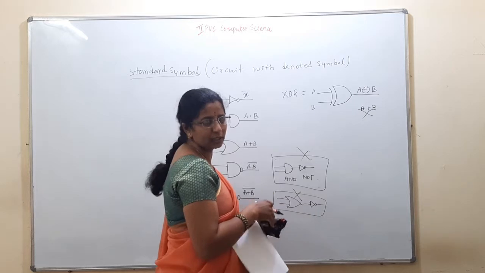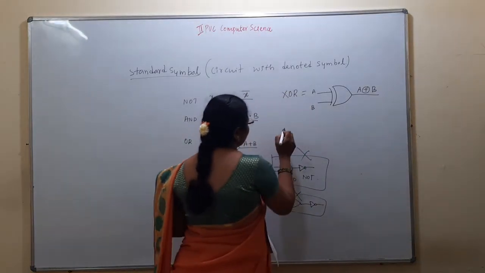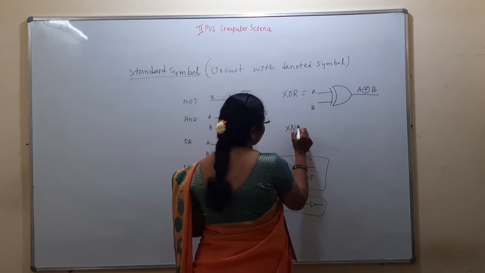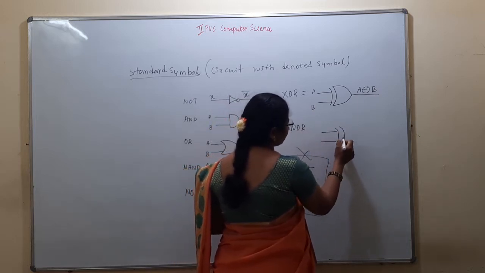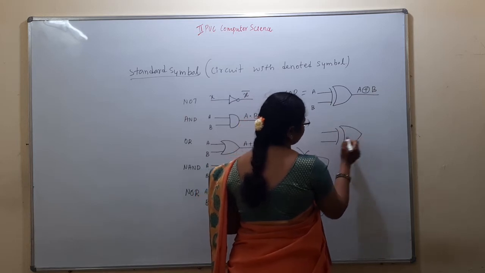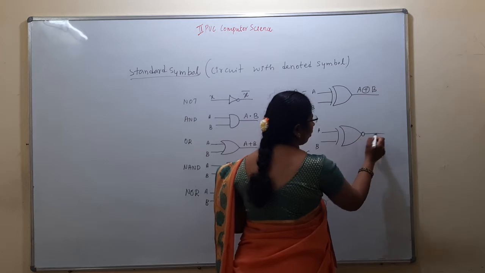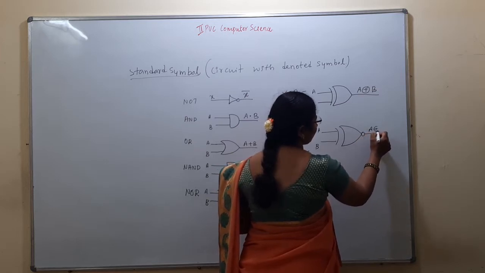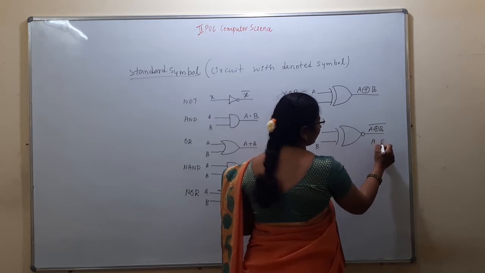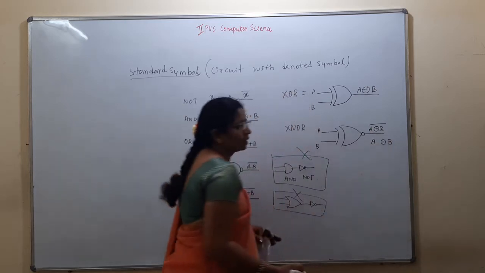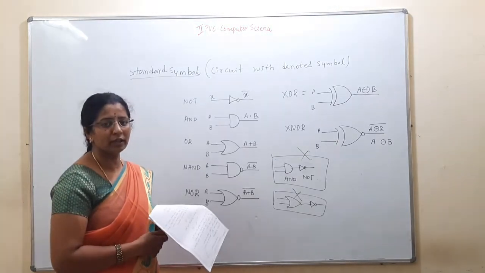Please remember, students. Then XNOR: the same circuit as XOR, A and B, before outputting it complements the result, A plus B, this one. Or you can write it with a dot. Okay. Did you get it?